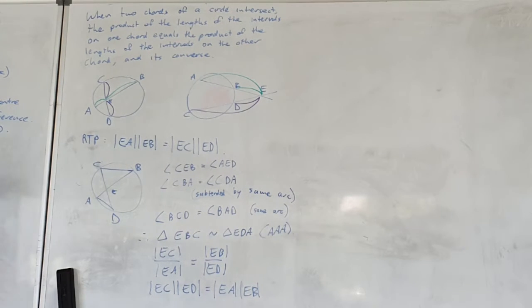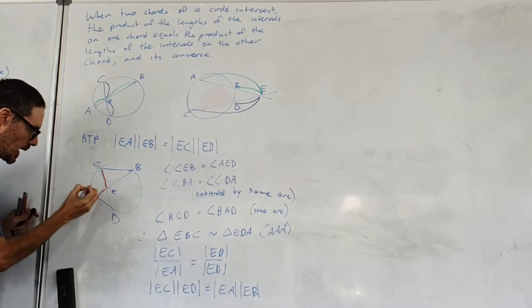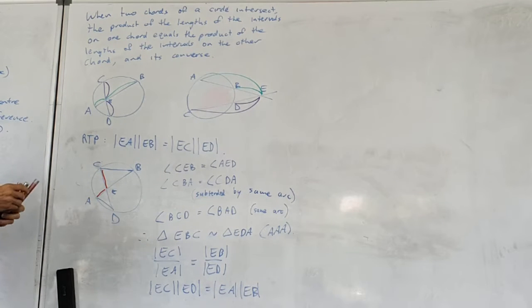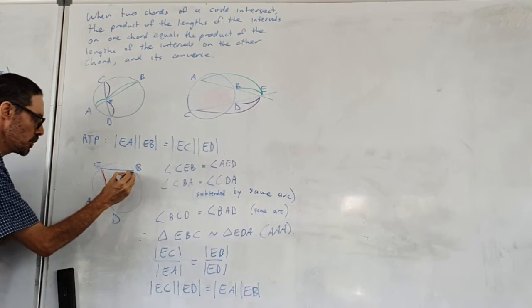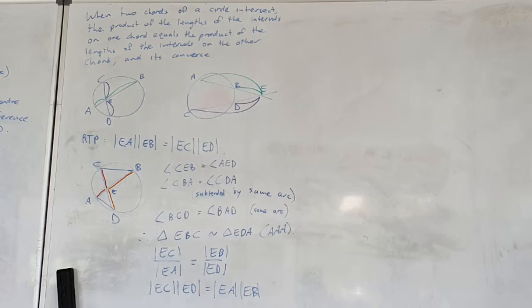If the triangles are similar, corresponding sides, would it help if I highlighted those corresponding sides in two different colours? So EC on EA has to equal EB on ED, because those are corresponding sides.